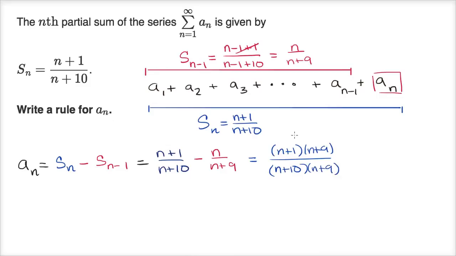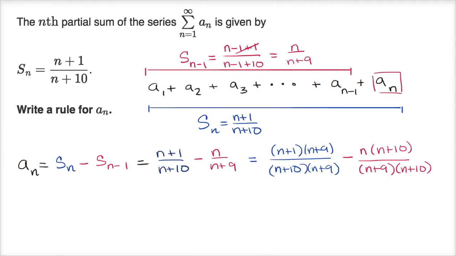And from that, we are going to subtract. Let's multiply the numerator and the denominator here by n plus 10. So we have n times n plus 10 over n plus 9 times n plus 10. And what does that give us?